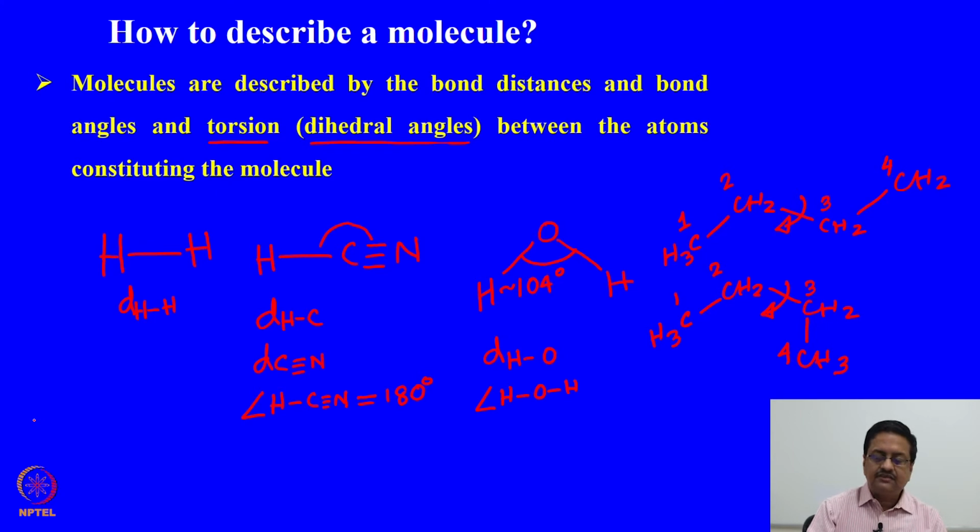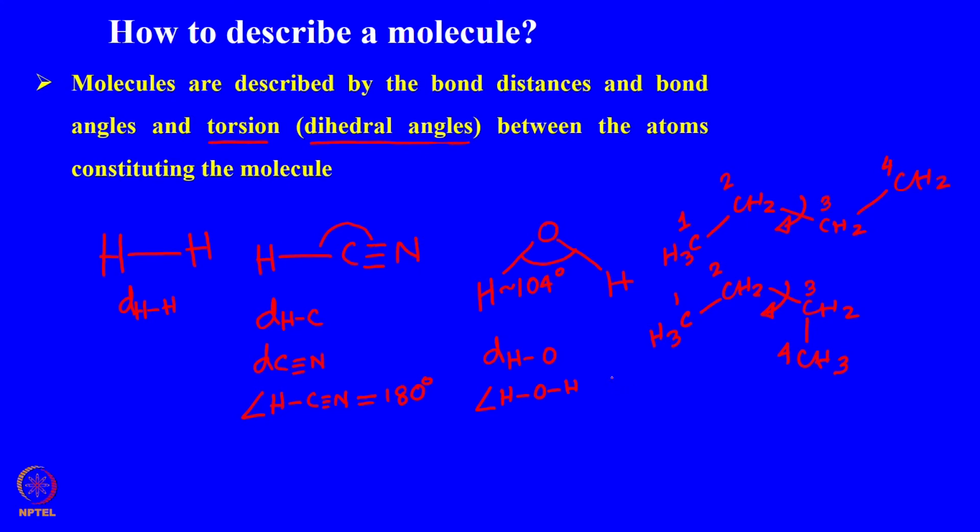The easy way to understand this torsion angle is to draw a molecule which we all know, hydrogen peroxide. In hydrogen peroxide, if we draw the 3 atoms, 1 hydrogen and 2 oxygens like this, and the 4th atom, the second hydrogen, is coming here.